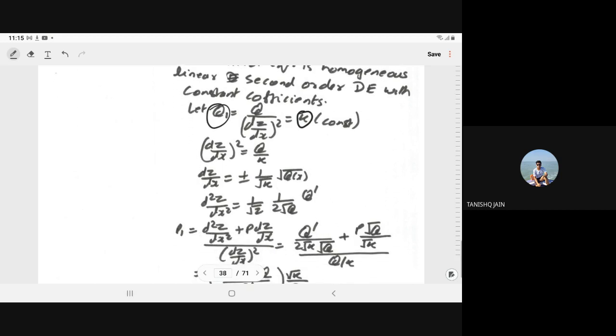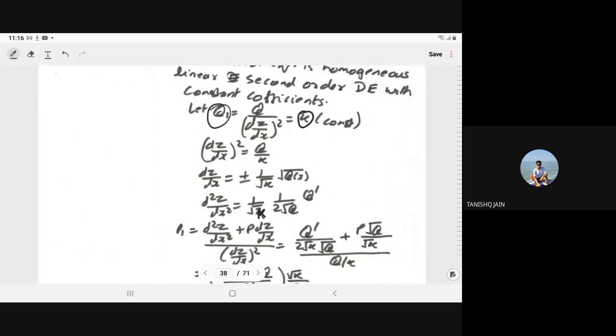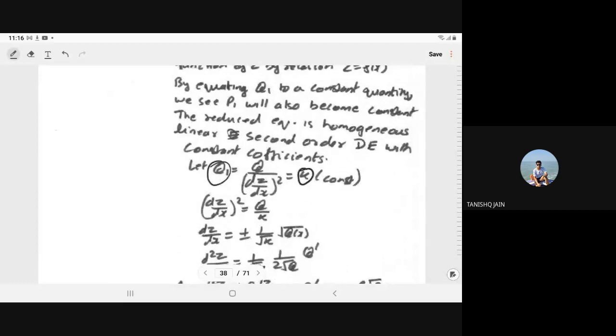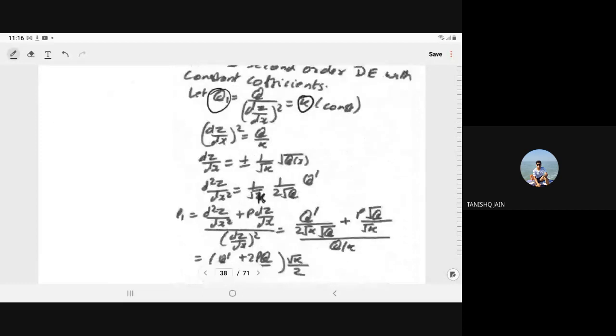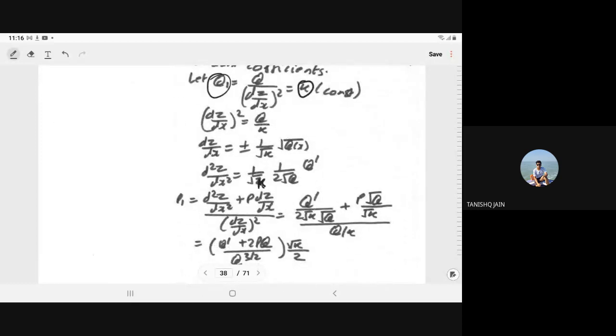So when we compute d2z upon dx2, the derivative of the above, it will give you 1 upon root of k into the derivative of root of q, so 1 upon 2 root of q into q dash. Here p1 we have assumed as d2z upon dx2 plus p into dz by dx, upon (dz by dx) whole square.